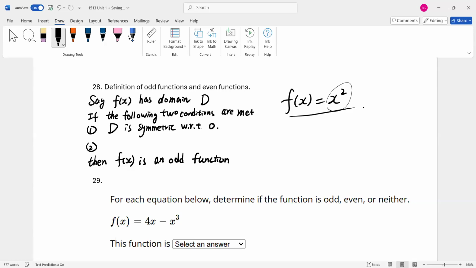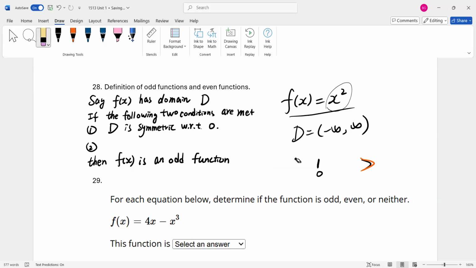So the domain for this square function is also all real, negative infinity to positive infinity. On the real number line, let's say this is 0, that's the origin. So the domain is the whole real number set, and as you can see, it is symmetric with respect to 0, right?